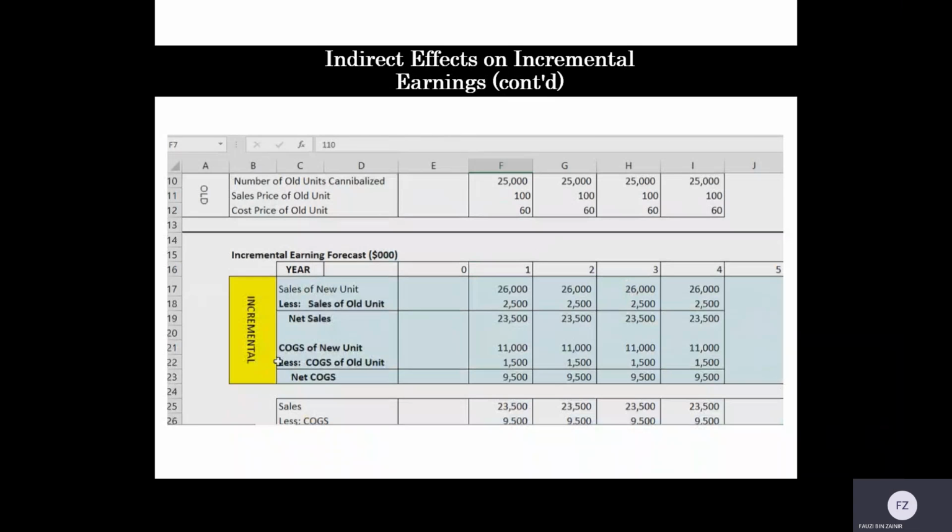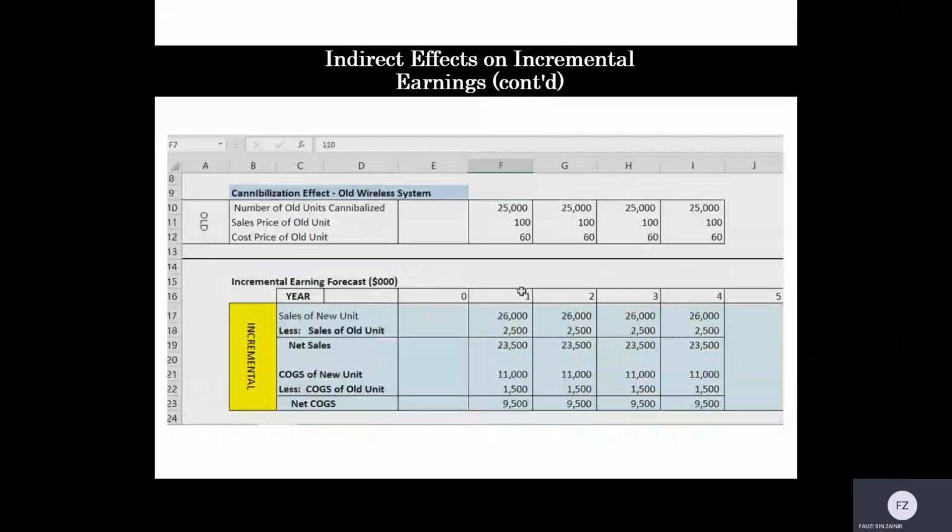We are looking at the differences between the sales of the new unit less the sales of the old unit. We have to look holistically in terms of the marginal or incremental effect. Even though we managed to sell the new units, since we are taking away from the old unit, we have to take that into consideration.